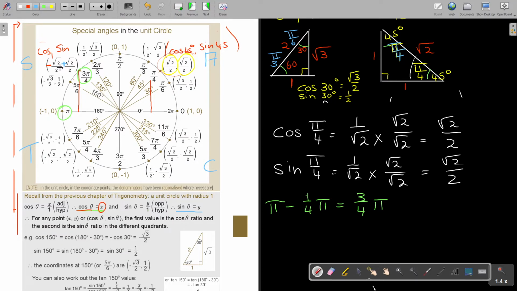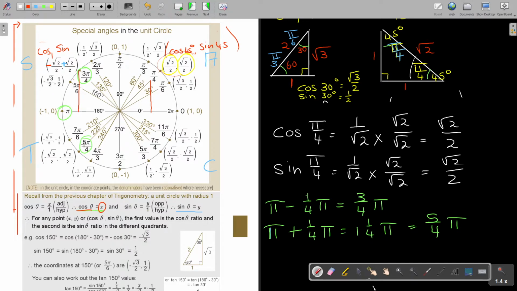And what is your sin in this quadrant going to be? Positive. And if I go further, to find it in this quadrant, I'm going to say it's pi plus a quarter pi. And what is that going to be? So it's 1 1/4 pi. But if I write it as improper, it's 5 over 4 pi, or 5 pi over 4. And where is it? There it is. Do you see?